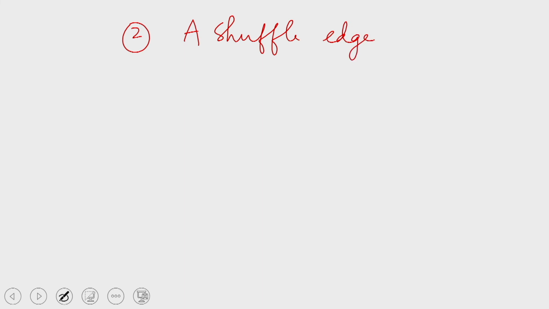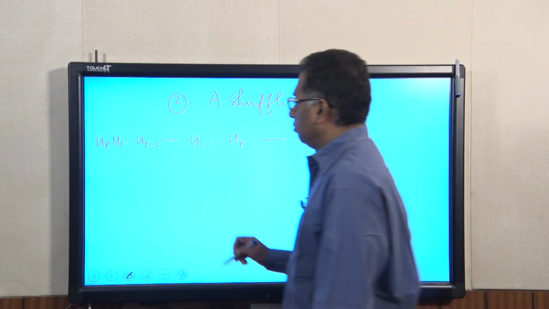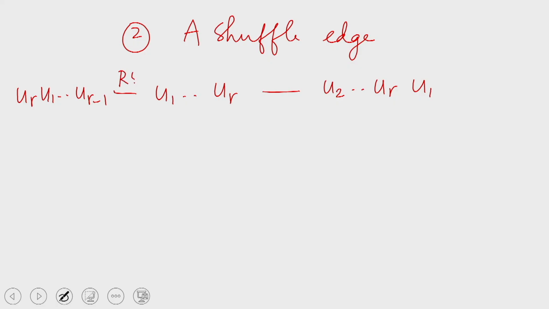A shuffle edge is where we cyclically rotate the representation. U1 through UR is adjacent to U2 through UR and U1, and by extension it should also be adjacent to U1 through UR minus 1 and then UR coming in the beginning. We are now right shifting the bits. So, this is a right shift and this is a left shift. So, from a node there could be two such shuffle edges.